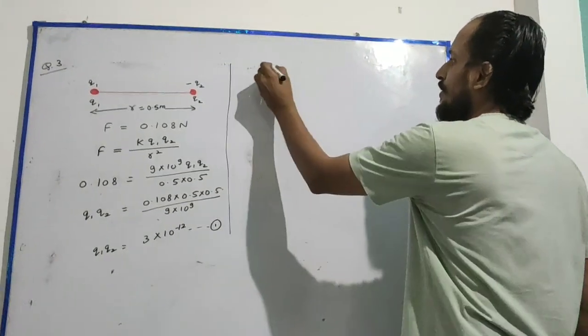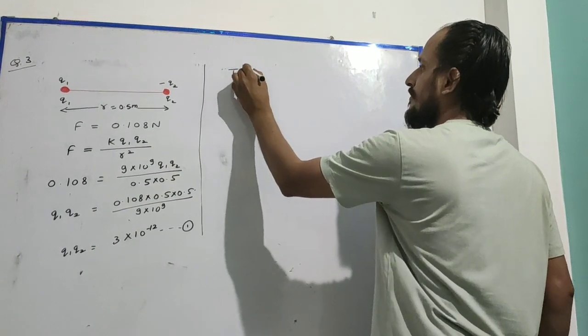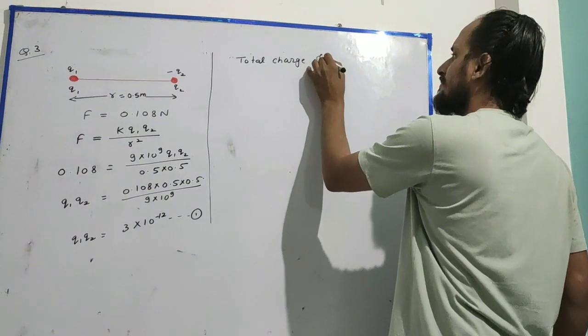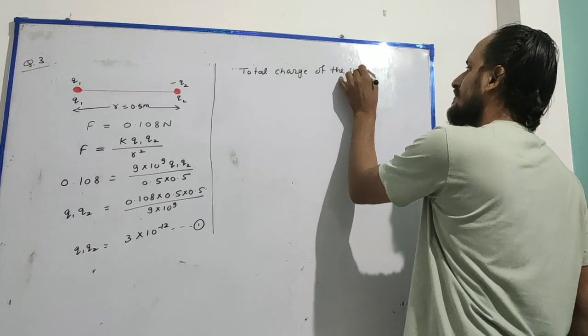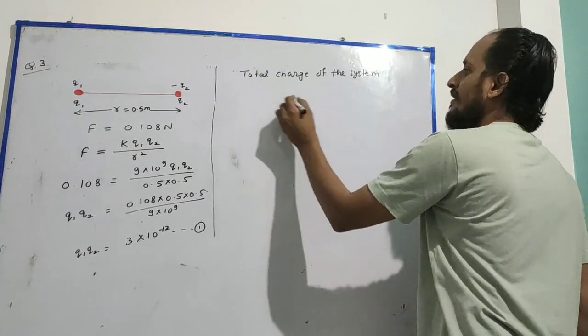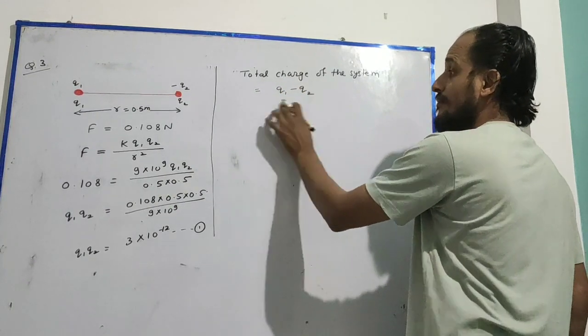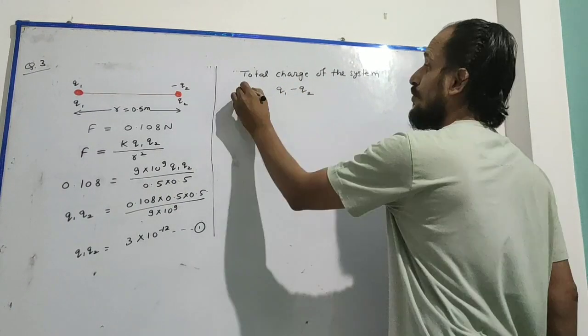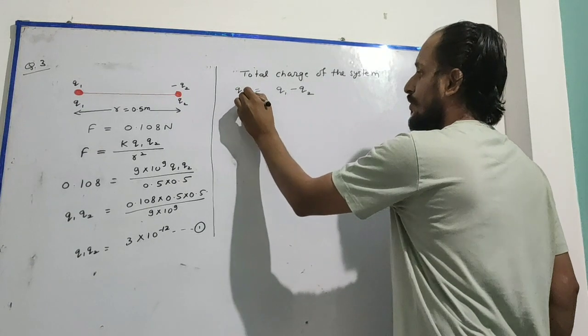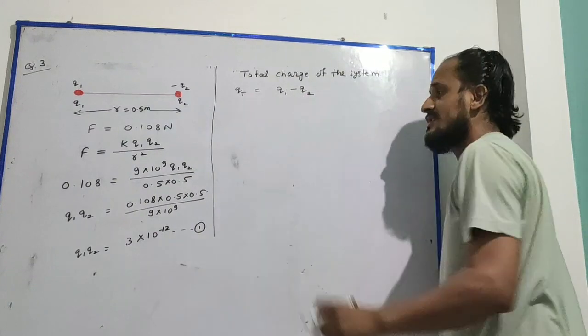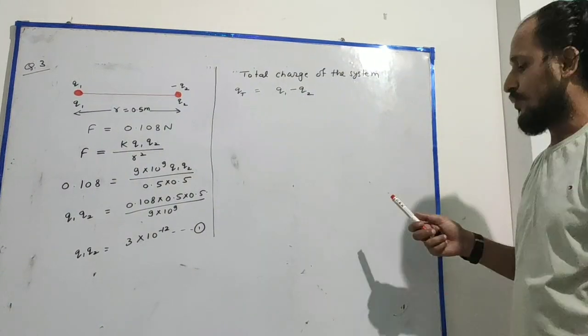So what is the total charge before? Total charge of the system is equal to Q1 minus Q2. Remember, not Q1 plus Q2. Remember, it is minus Q2, so total charge is Q1 minus Q2.